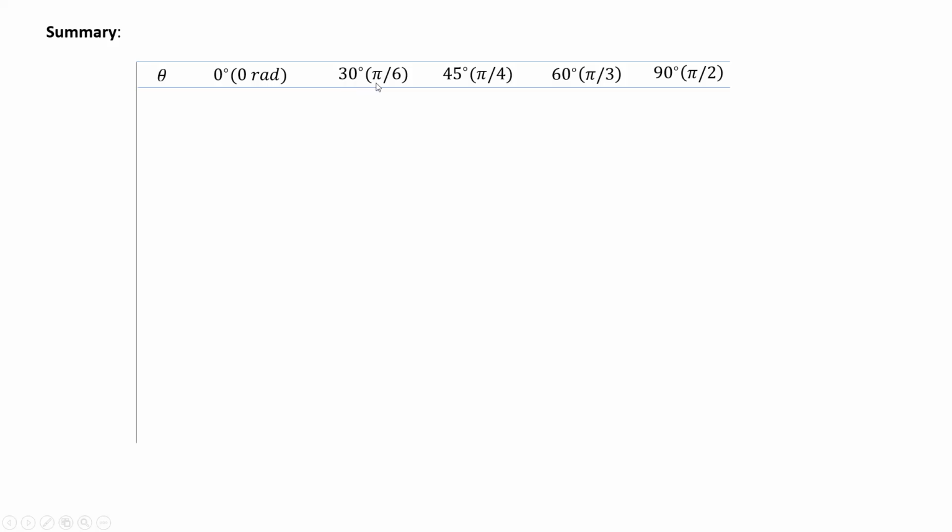Summary is, if we have theta, and theta takes on all these values, 0 degrees, 30, 45, 60, 90, for each of these angles, is it not true that we found sine, cosine, tangent, everything? So what are those values? Let me put that in a table. And you must memorize all these values.